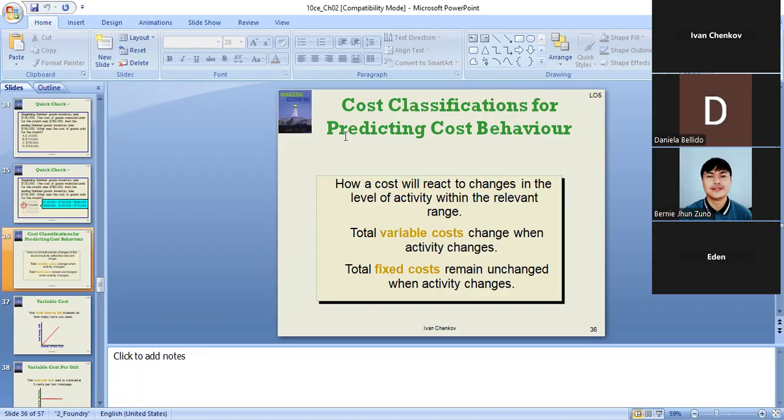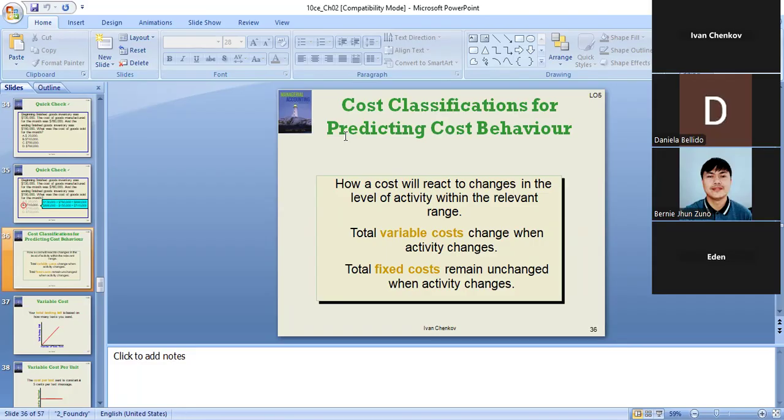how the costs behave. Now, costs behave two ways. This is within period of time and period of production. They behave as a variable cost and they behave as a fixed cost. Now, what's the variable cost?